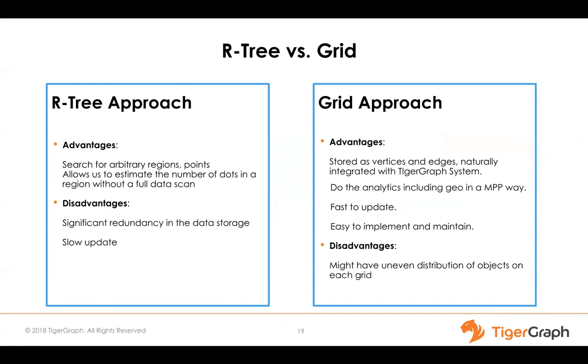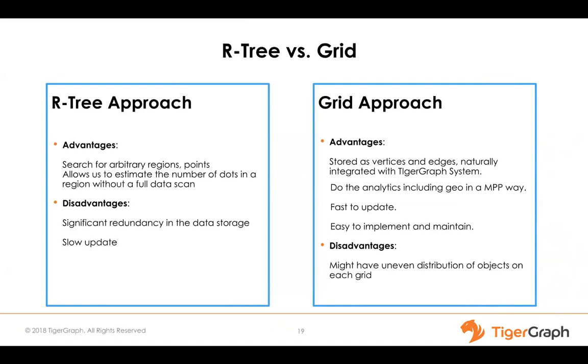It's a multi-layer index system that can give very good searching performance. But the disadvantage of R-tree is that it has significant redundancy in the data storage. And when you want to update the graph, you also have to update many layers of your index system, so it slows you down when you do the update.